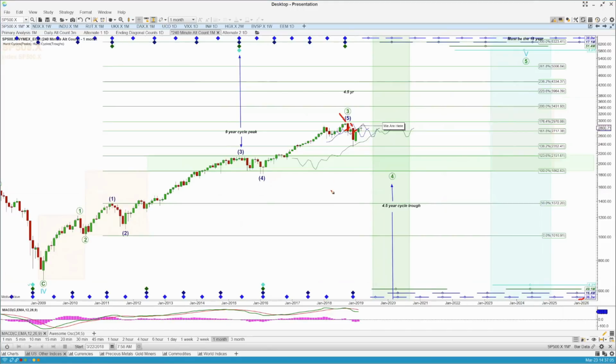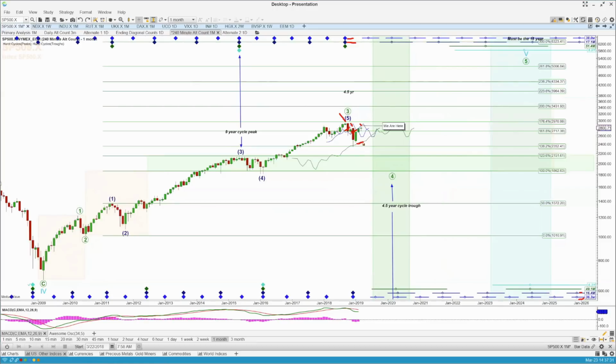That confirmed that this peak was a peak of at least the 40-week cycle. We then penetrated the dark blue line, which confirmed that the 18-month cycle, which is running slightly short again at 16.4 months, that this peak and this peak were definitely in.